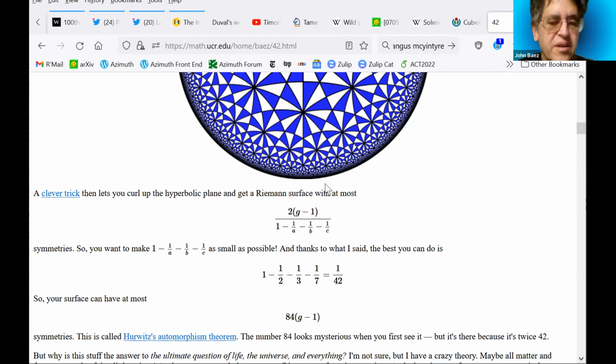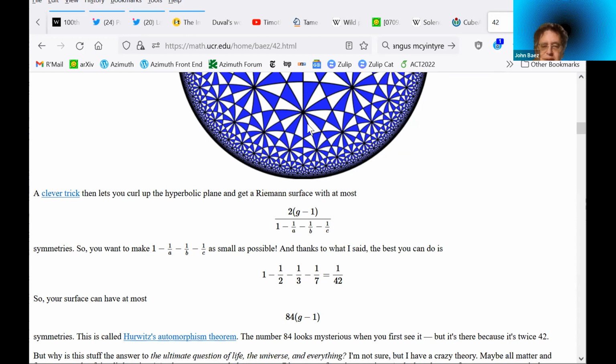make the number of symmetries of your Riemann surface as big as possible, because it lets you tile the Riemann surface with these right triangles, with as many of them as possible.